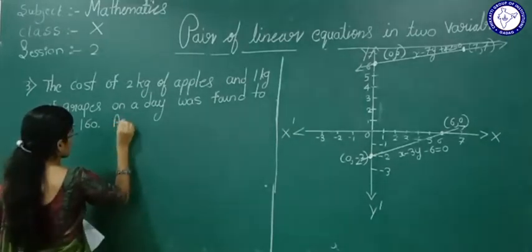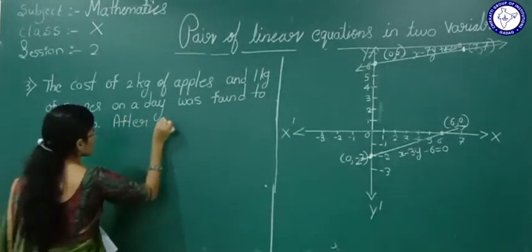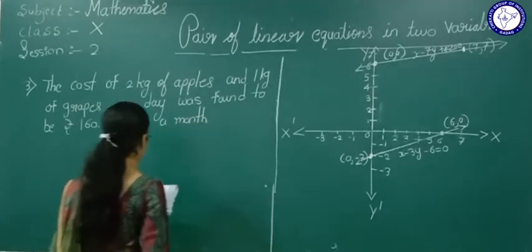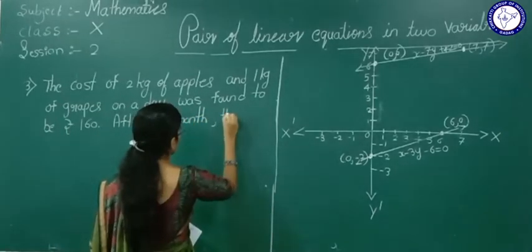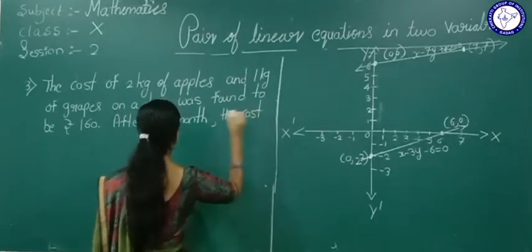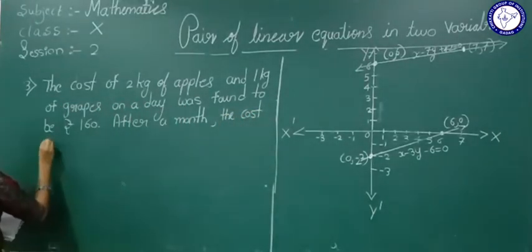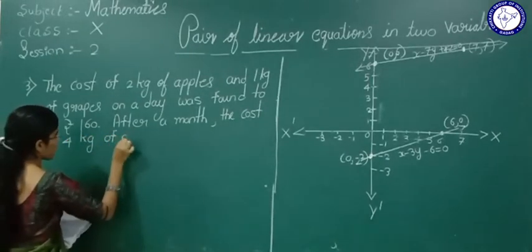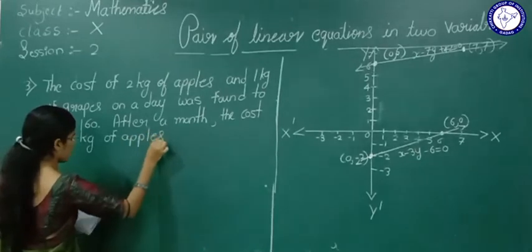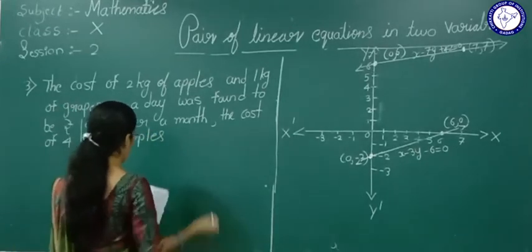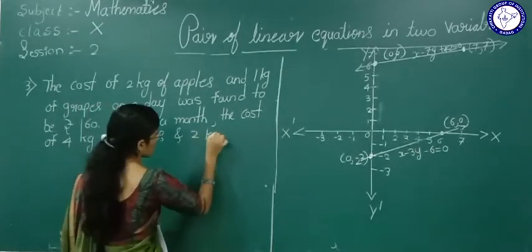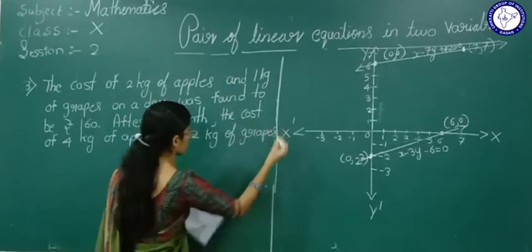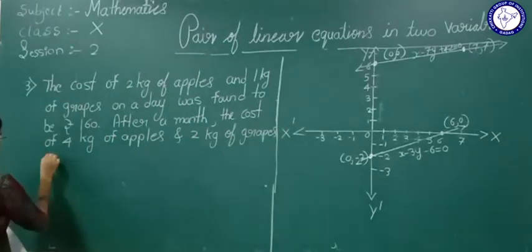After a month, the cost of 4 kg of apples and 2 kg of grapes is rupees 300.